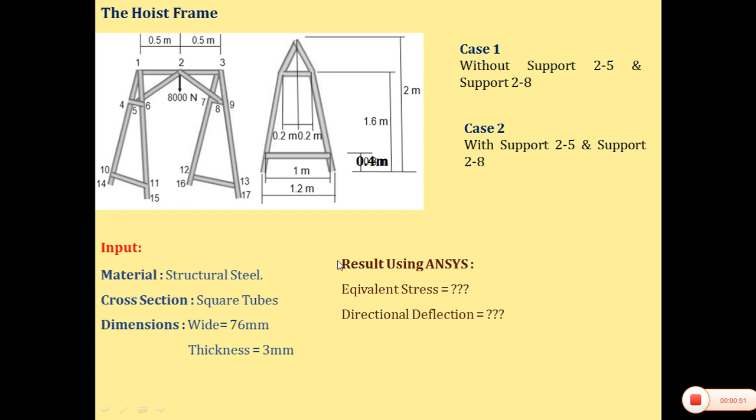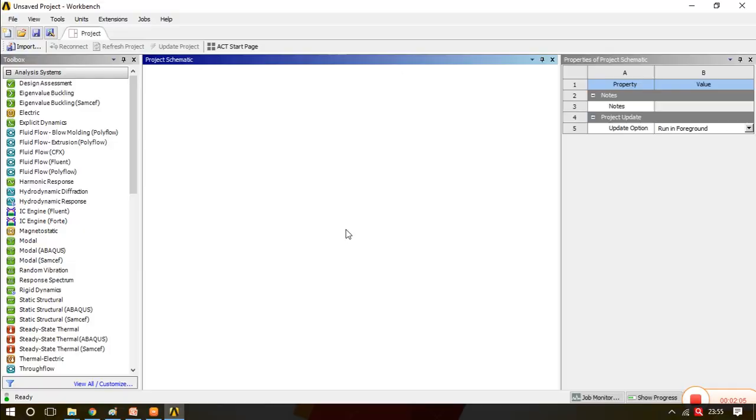We have to identify the results for case 1 and case 2 using the ANSYS equivalent stresses and directional deflection. We will compare these two results and see how the stresses are reduced by providing the extra support at point number 2. So we'll see how it works in the ANSYS Workbench.